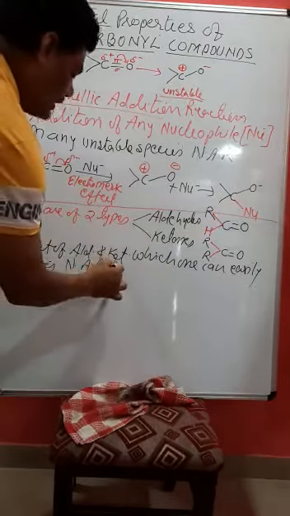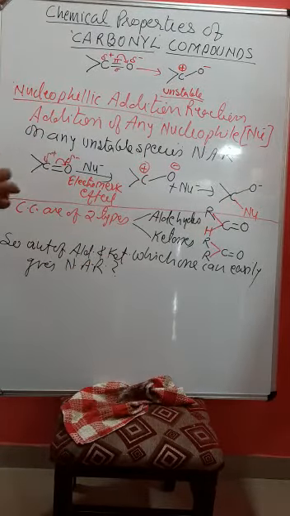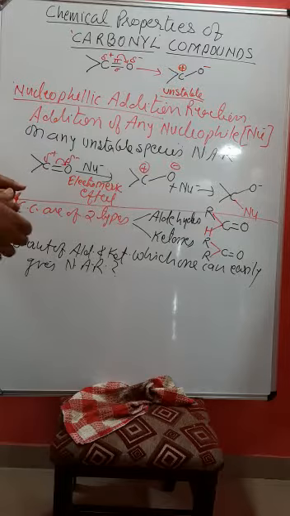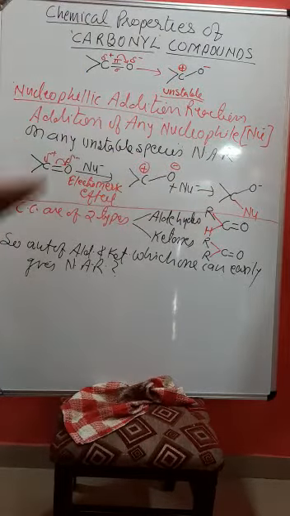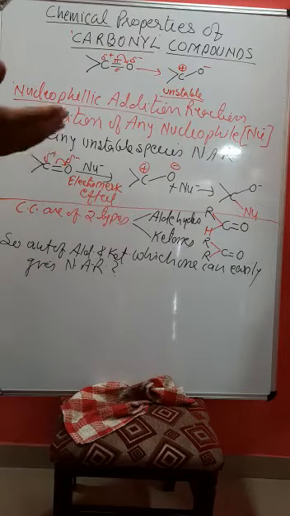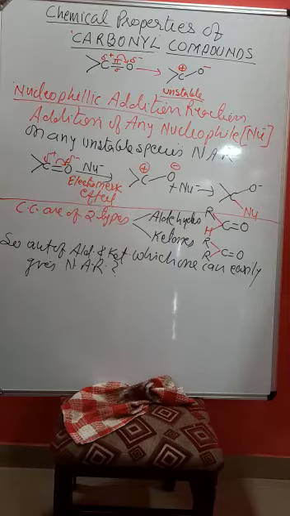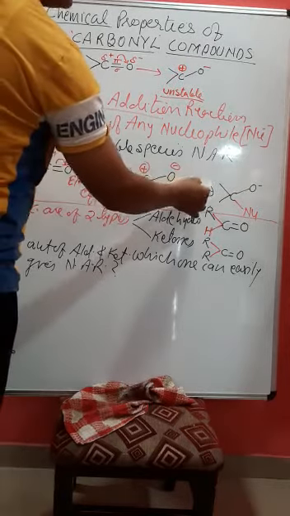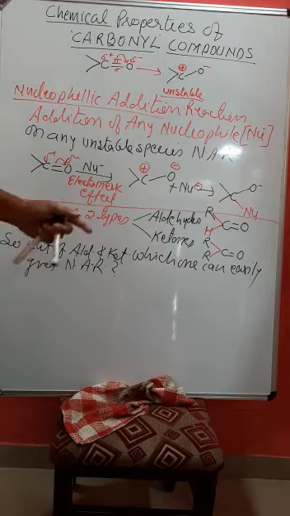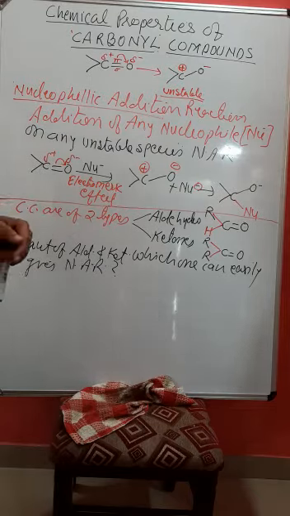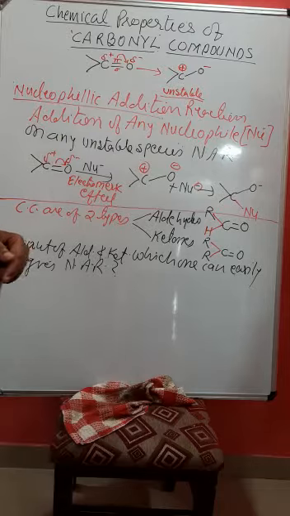To find the answer, we have to consider in which carbon, of aldehyde or ketone, the nucleophile can easily attack. Students, we should know that nucleophiles are negatively charged species, so they will attack a positively charged site, that is, carbon. Nucleophiles are electron rich, so they will attack an electron deficient site.